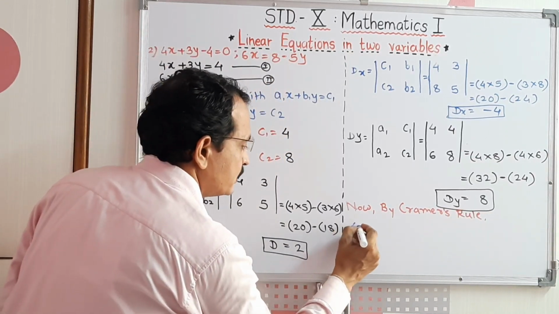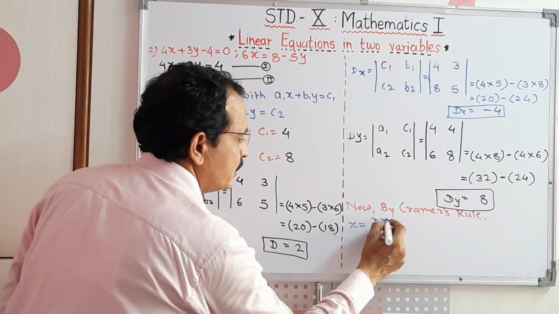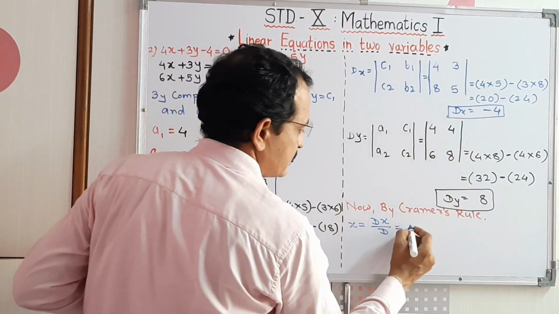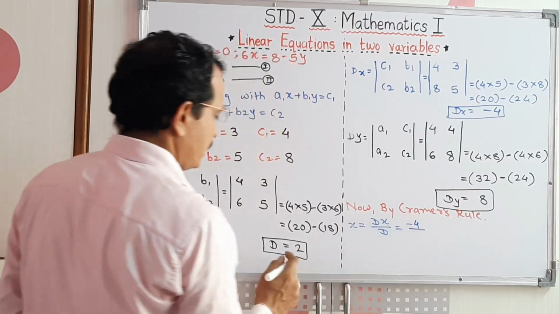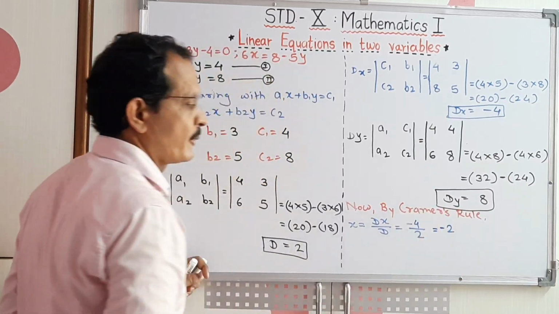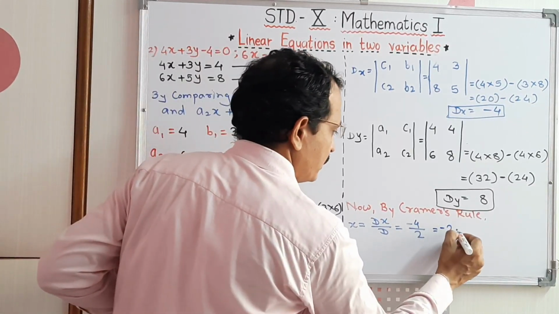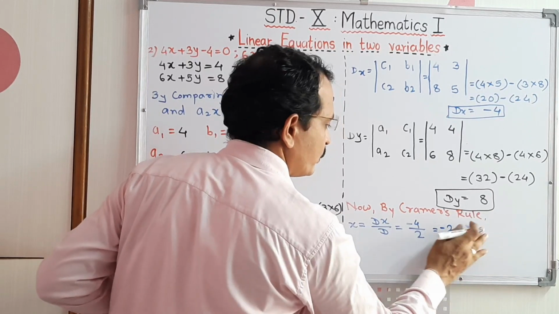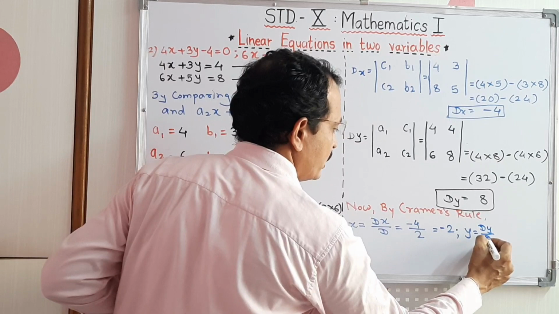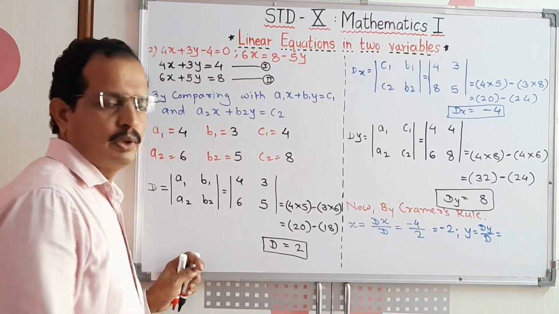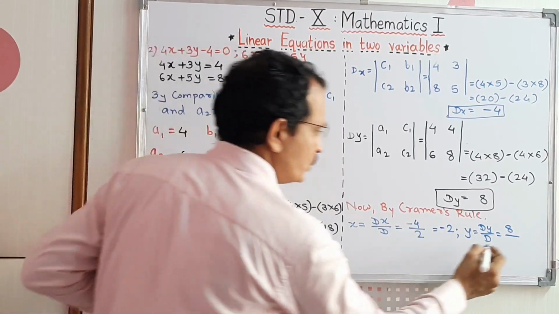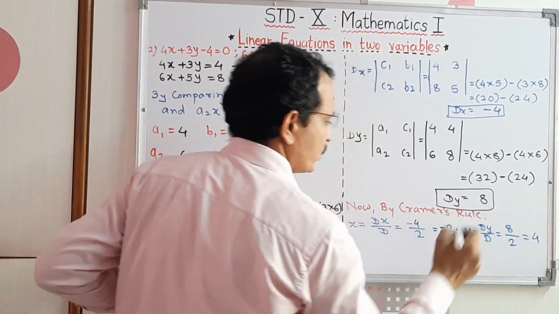X is equal to dx upon d, where dx is minus 4 and d is 2. Now it is minus 2. Then we have to find out the value of y is equal to dy upon d, where dy is 8 and d is 2, therefore it is 4.